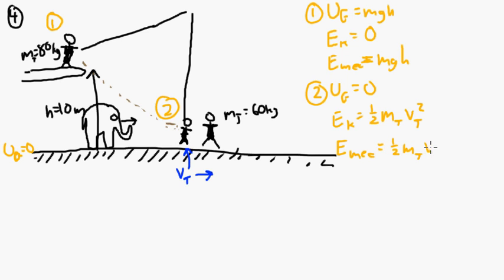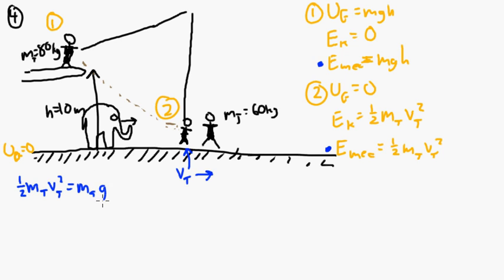Okay, so we assume no non-conservative forces, so we're going to take this mechanical energy here and set it equal to this mechanical energy here. Mechanical energy is conserved. And so what we get is 1/2 mT vT squared equals mT, mass of Tarzan, times g times h.